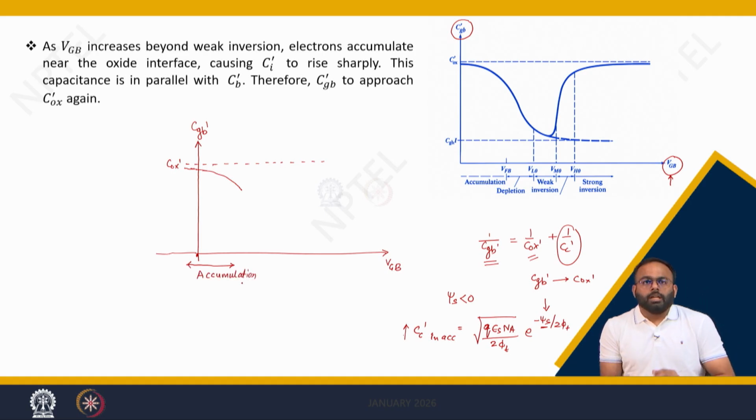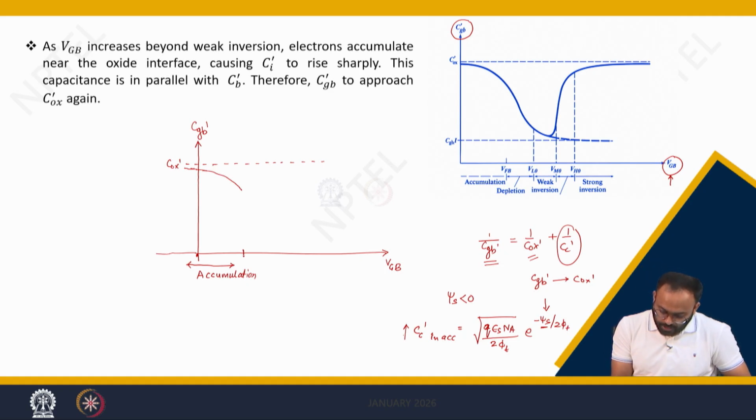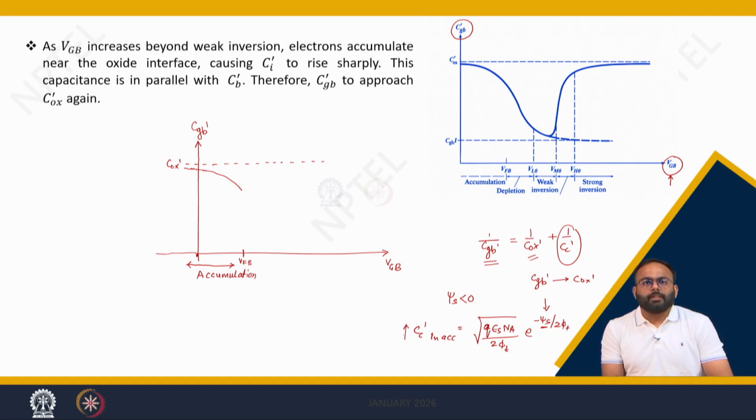Now, there is a condition of VGB which is called the flat band condition, when there is no charge available in the semiconductor surface. Again, we discussed in the previous lecture that though there is no charge, we cannot say that there is no capacitance, because capacitance is not charge per voltage, it is change in charge per voltage.